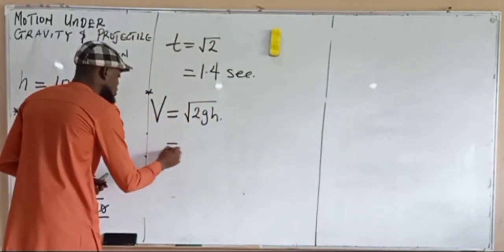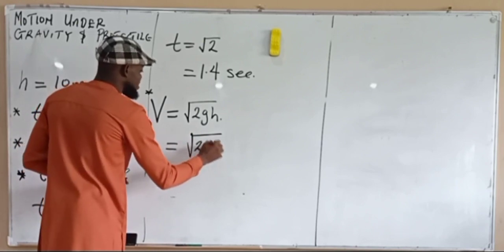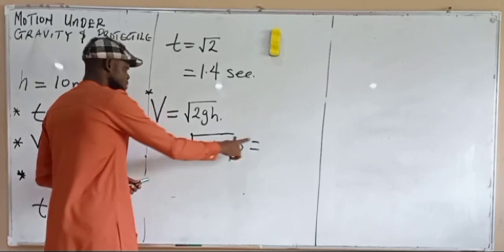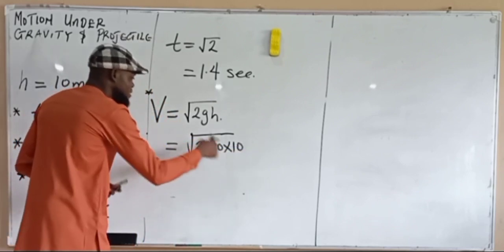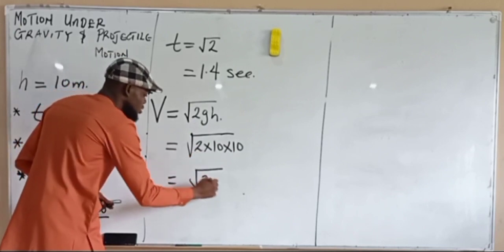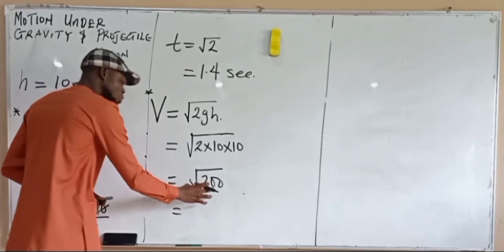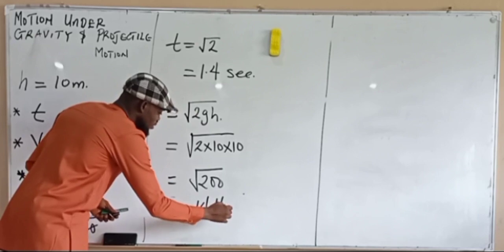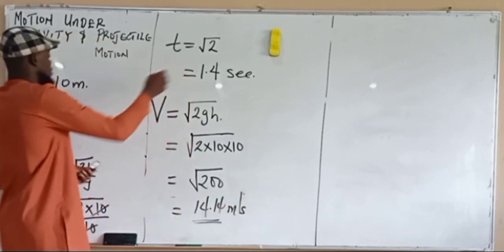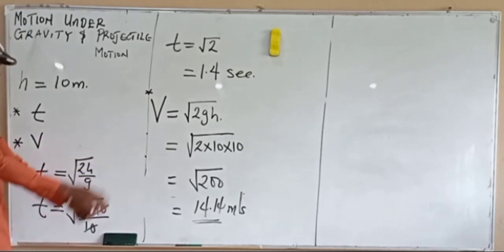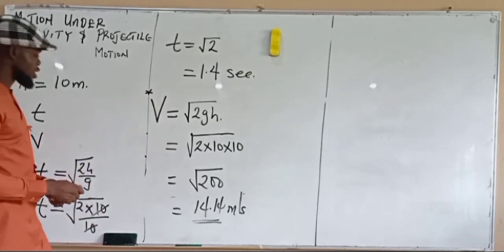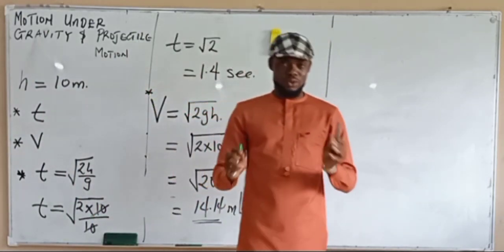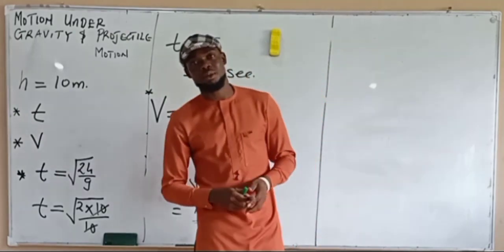So the velocity will be the square root of 2 times 10 times 10. 10 times 10 is 100, times 2 is 200. And what is the square root of 200? From the calculator, you have 14.14 meters per second. They fall to the ground in 1.4 seconds, and the velocity with which they fall is 14.14 meters per second.